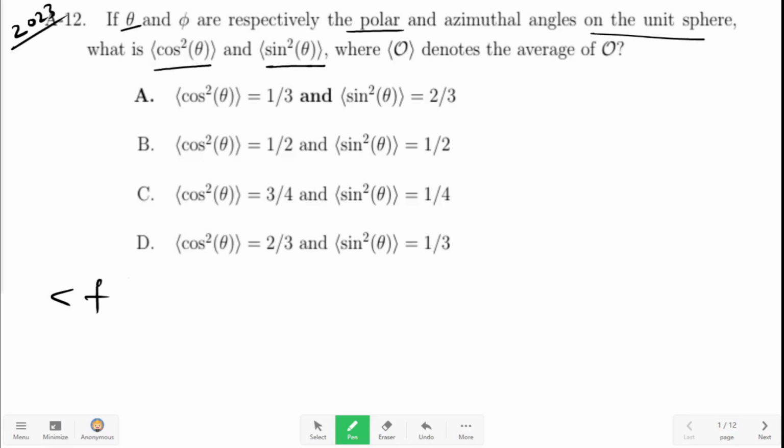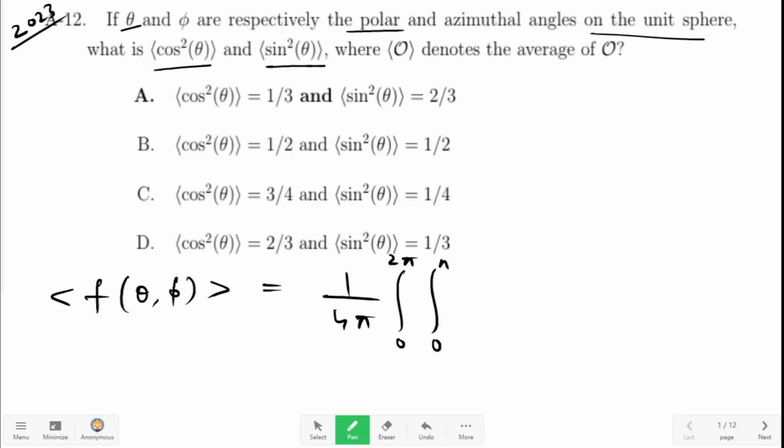Now to calculate the average of a function f of theta comma phi on the unit sphere, what we do is we integrate it over the solid angle, and there is a factor of 1 by 4 pi outside. 0 to 2 pi is the range of phi, and theta ranges from 0 to pi, f of theta comma phi.